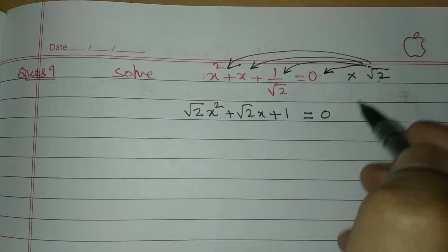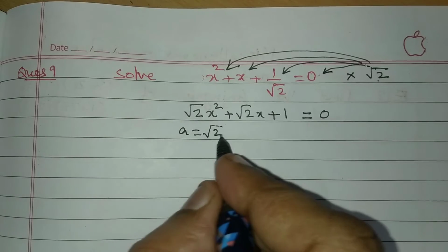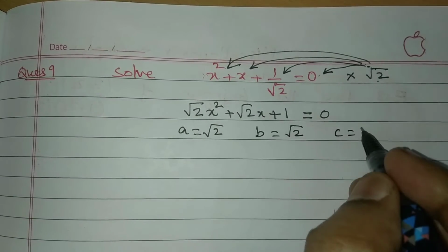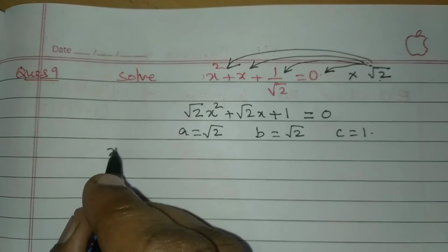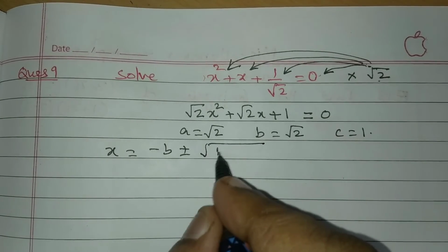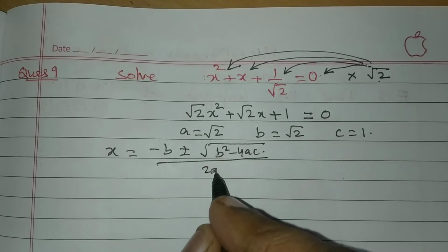So it is 0 into root 2, so 0. So a is equal to root 2, b is equal to root 2, and c is equal to 1, not root 2, sorry. So x is equal to minus b plus minus root under b square minus 4ac divided by 2a.